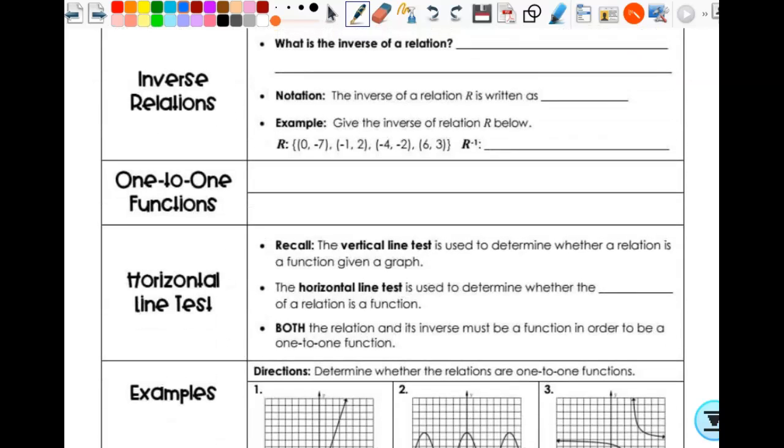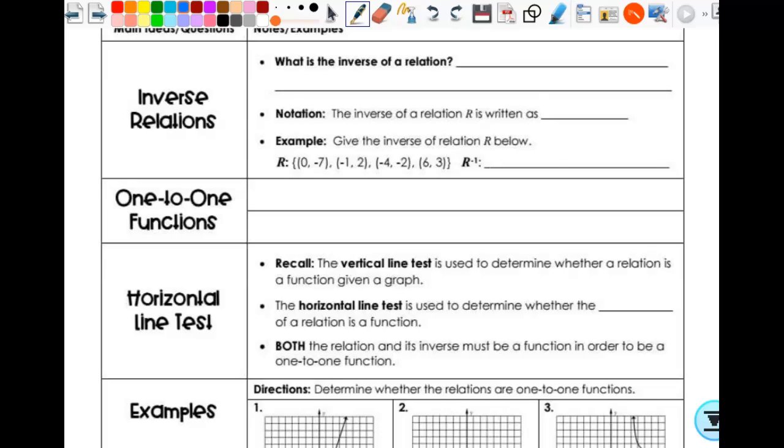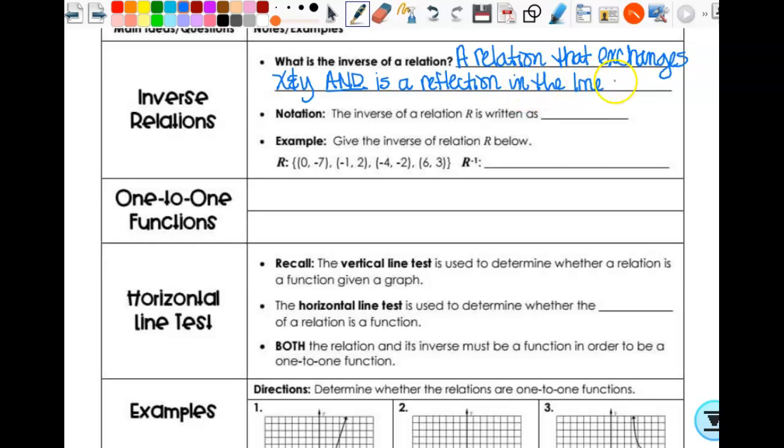So, what is the inverse of a relation? We're going to talk functions in just a minute, but we're talking relations right now. The inverse of a relation is a relation that exchanges x and y and is a reflection in the line y equals x.